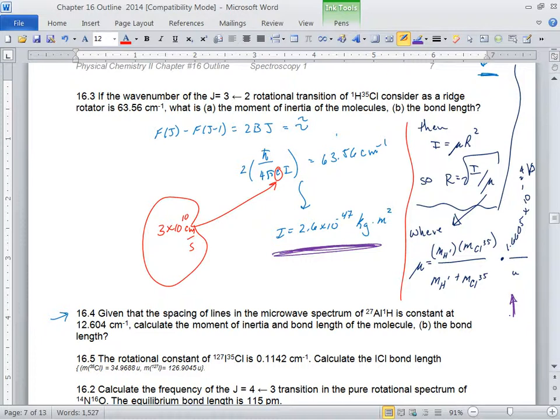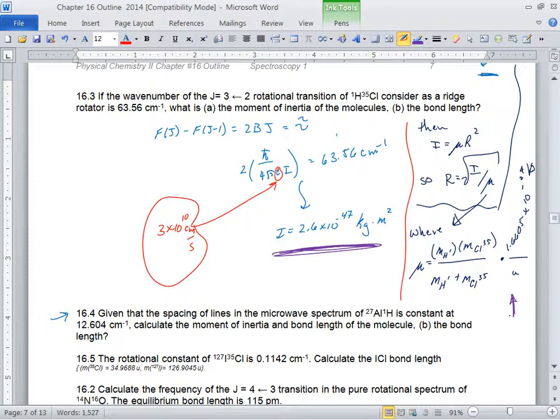Kilograms meters squared per second squared. How did I get that to work out? That looks weird. I didn't worry about it. I just put kilogram meter squared because I know I is mu r squared, so I knew it had to be mass times distance squared.